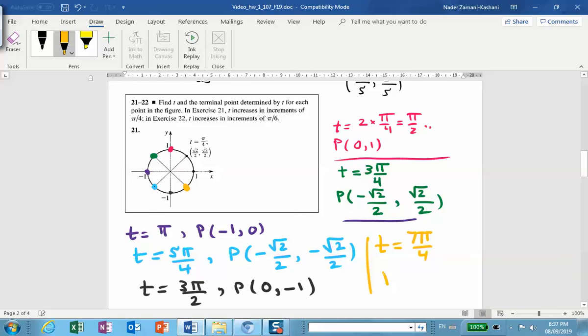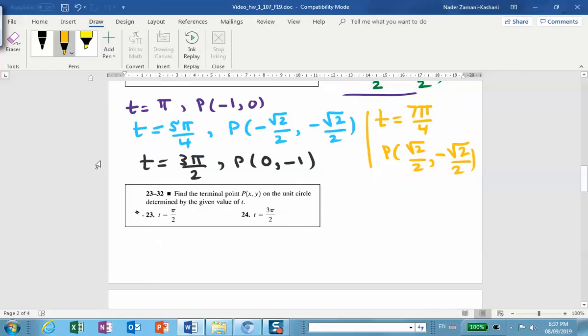And the coordinates of the terminal point is positive x, root 2 over 2, and negative y, minus root 2 over 2. This last one is obvious, okay? I'm not going to do the last one. Let's go and see what this is saying.